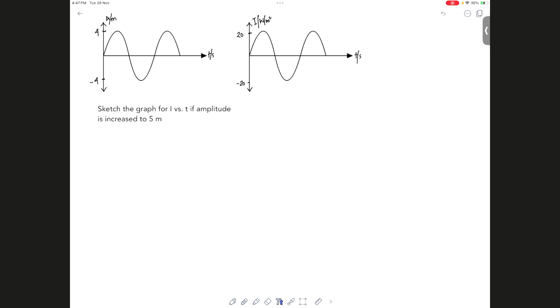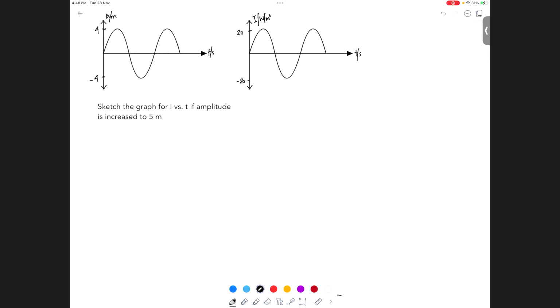Yeah, graph will look the same. They'll just have different amplitude. 31.25.